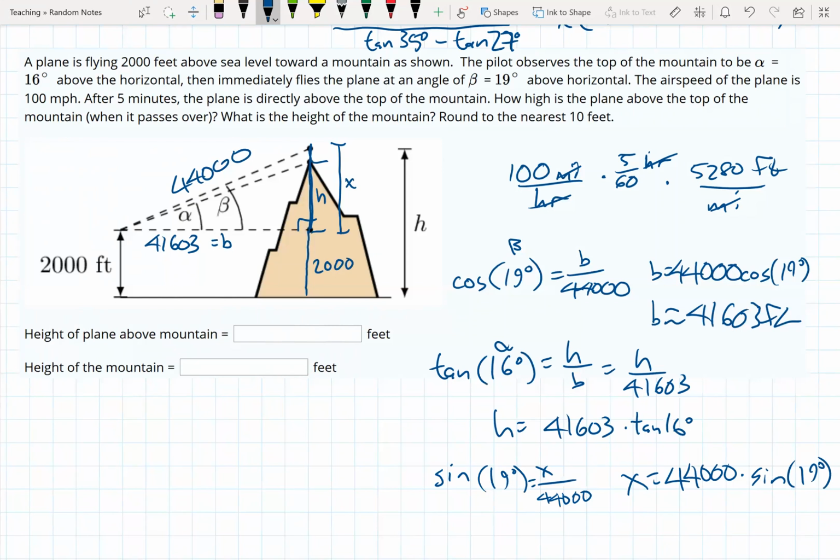And so then I've got my x, I've got my h. The answer to the height of the plane above the mountain is just the difference of those two, x minus h. And then the total height of the mountain is h plus 2,000. So I'll leave you to finish those last couple of steps, but we've got everything we need at that point. Now it's just typing things in your calculator.